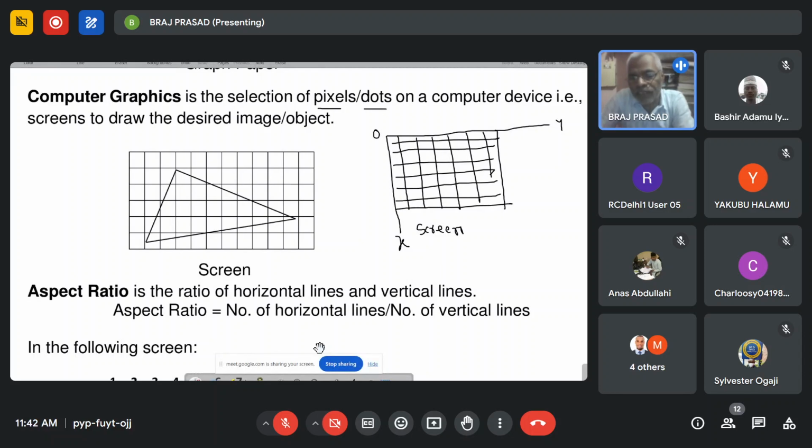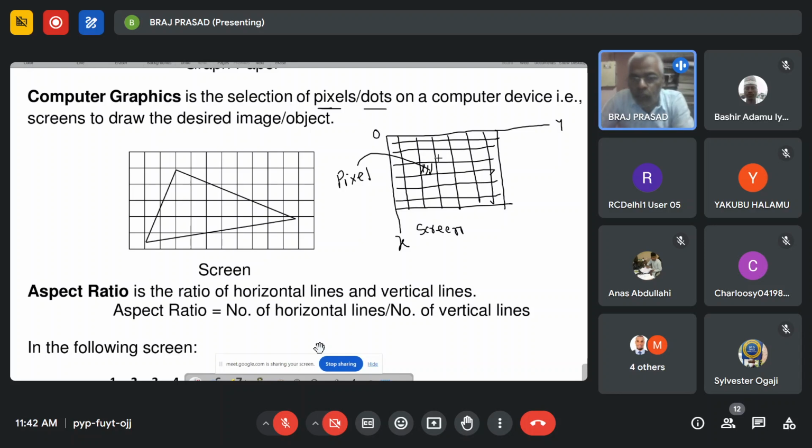This is known as a pixel, or sometimes we can say it is dots. So computer graphics is the selection of pixels or dots on a computer device, that is the screen, to draw the desired image or object.